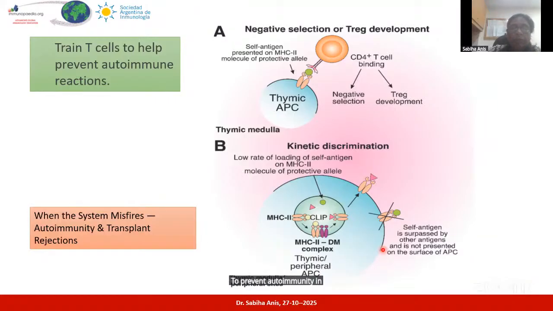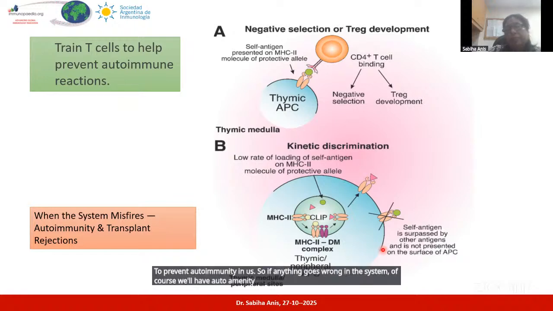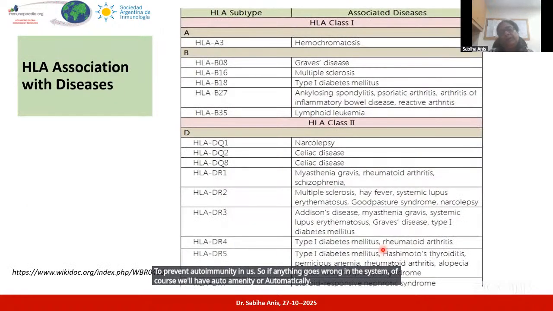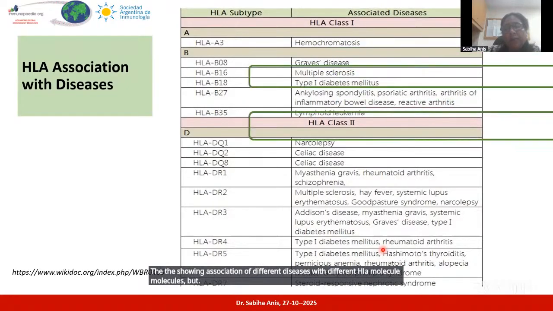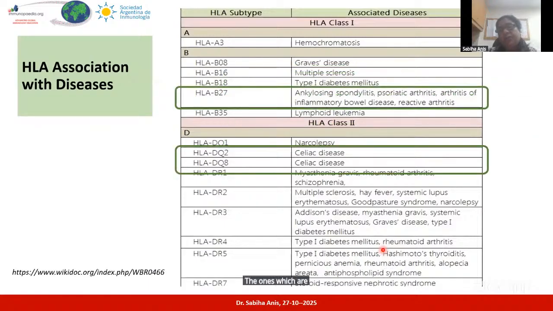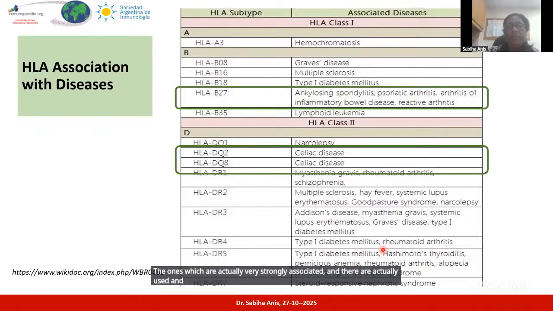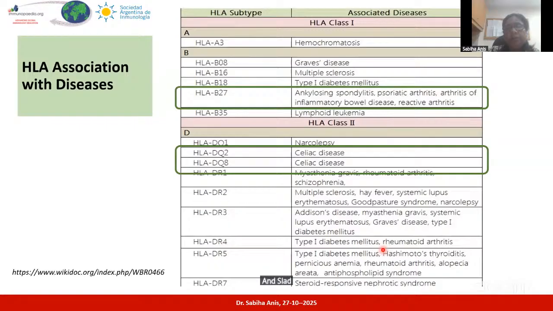If anything goes wrong in the system, of course, we'll have autoimmunity. There are so many studies showing association of different diseases with different HLA molecules, but the ones which are very strongly associated, and sometimes used in the diagnostic workup, are HLA B27 and HLA DQ2 and DQ8.